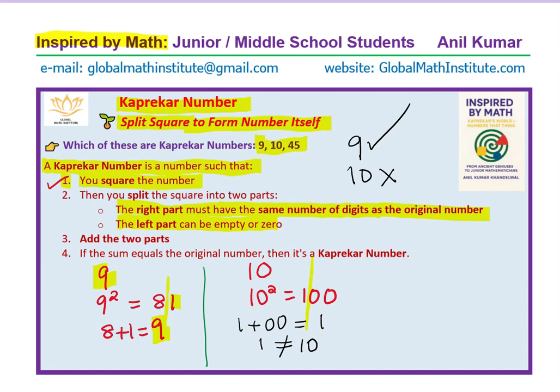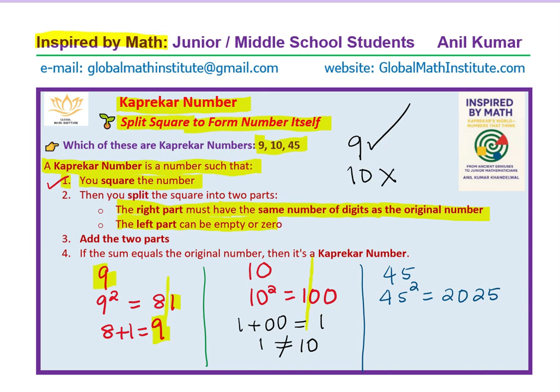Now, can you figure out 45? Is 45 a Kaprekar number? 45, what will you do? You'll square 45, correct? Some of you might need a calculator, right? Most of you, correct? But since I know it, I'll write it down. If you use the calculator, 45 times 45 is 2025. So that's the number.